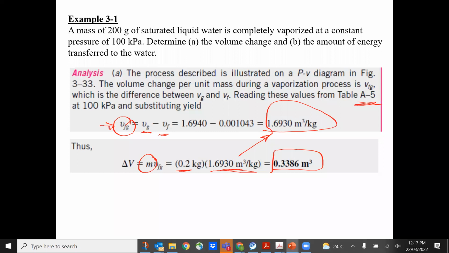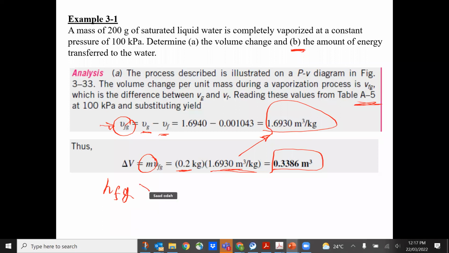Okay. And then the second requirement, the amount of energy transferred to the water, which is latent heat, correct? And what's the latent heat in the table? You remember from the Kahoot? Latent heat is hfg. So if you find hfg, this is per kilogram.